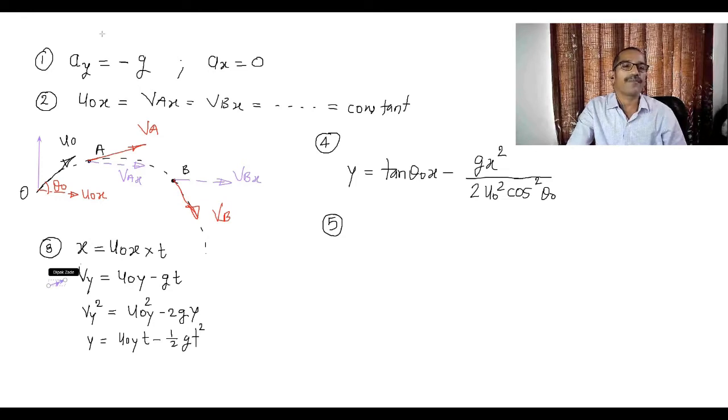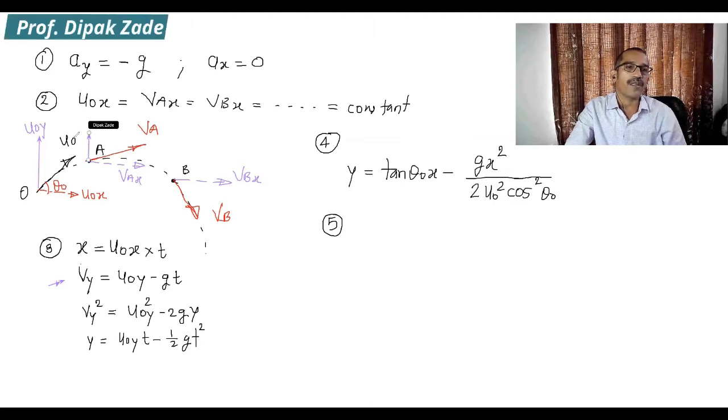What does it represent? u0y means initial component of velocity minus gt. As time passes, this velocity component in the vertical direction has to reduce. Therefore u0y is the maximum velocity in the vertical direction initially. As time passes, this component of velocity reduces.